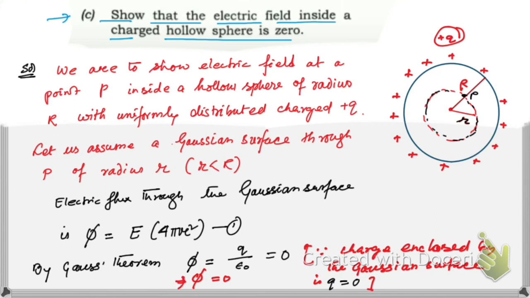Now let us use equation number 1 here. From equation number 1, this phi can be replaced by E into 4 pi r square. So here we can write E 4 pi r square is equal to 0.